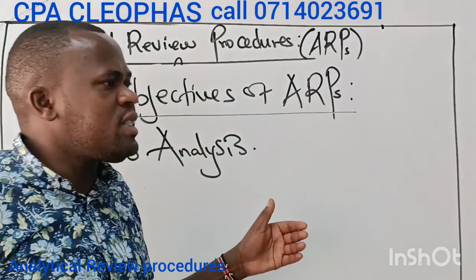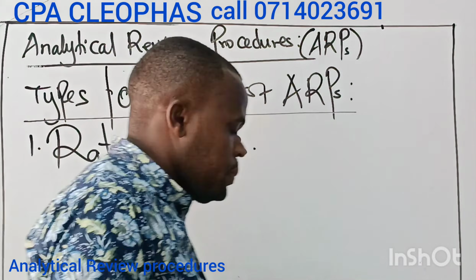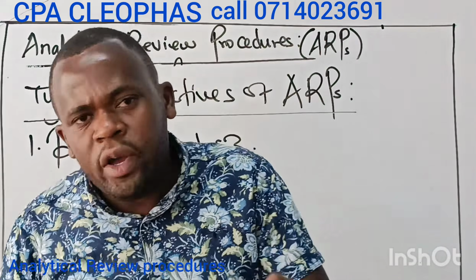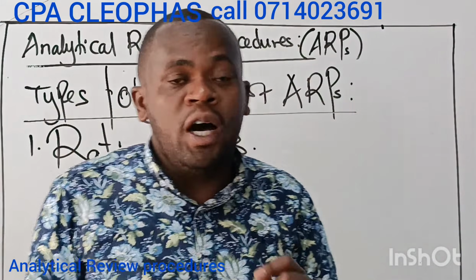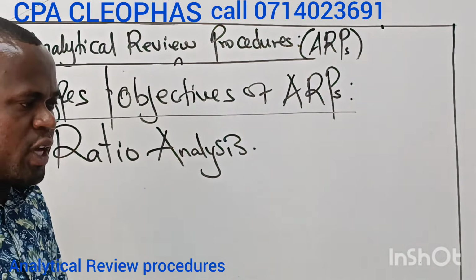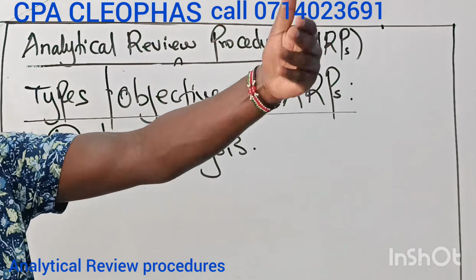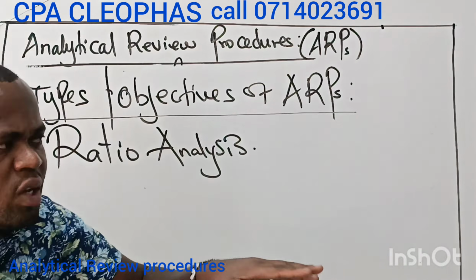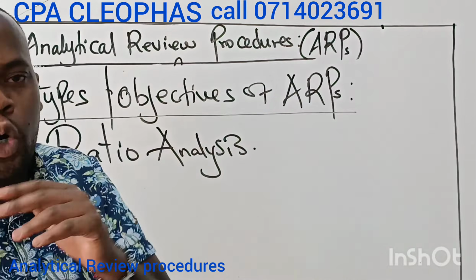So that is one of the types of analytical review procedures. When you compute the accounting ratios of a company for a period of time, you compare the current ratio with previous ratios, so that from the trend you can see how the company's profits are increasing or decreasing.